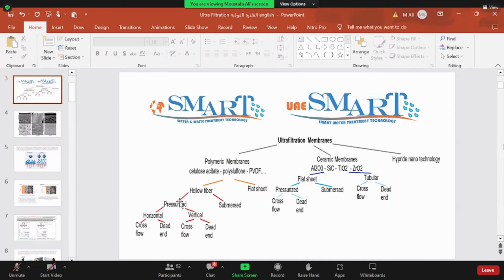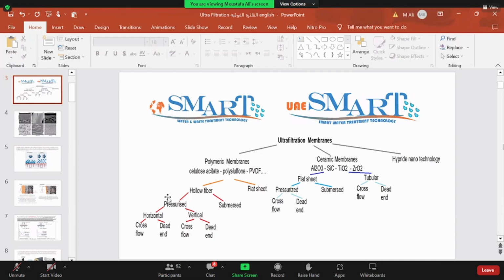For the polymeric membrane, we categorize it into flat sheet, which should always be submerged inside a tank and works with a sucking technique, and hollow fiber, which can be submerged or pressurized.